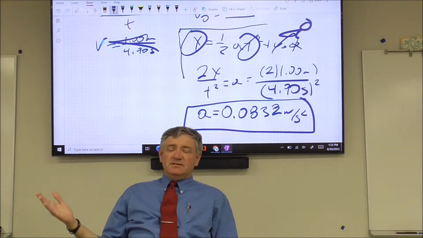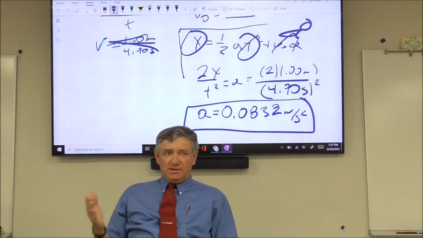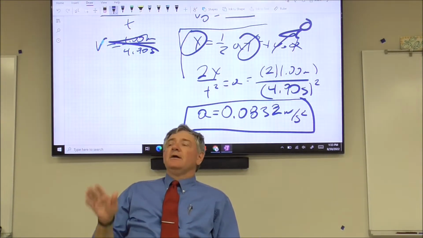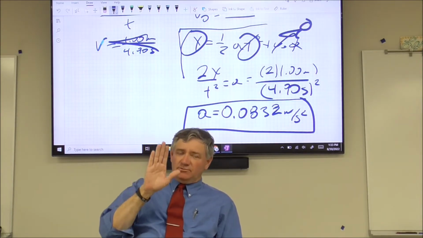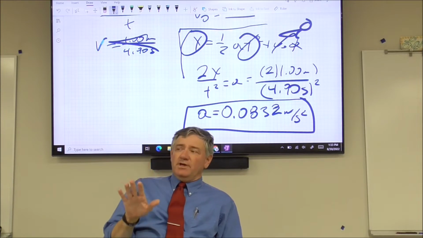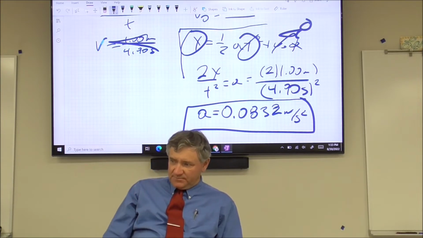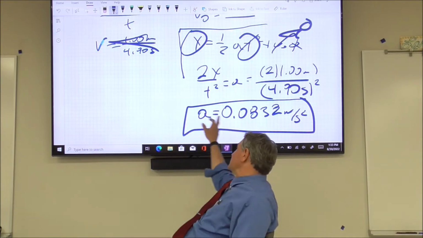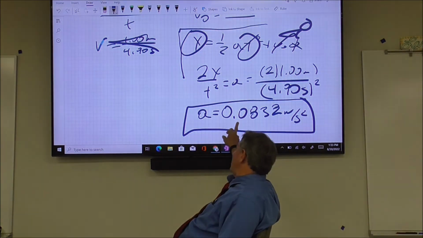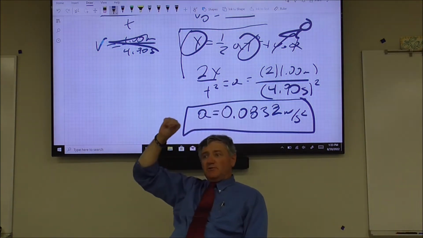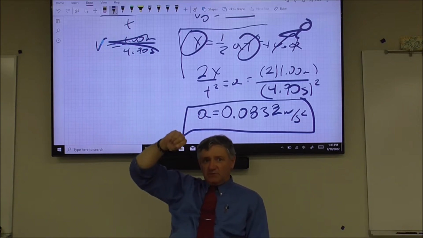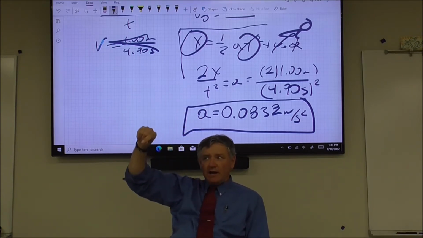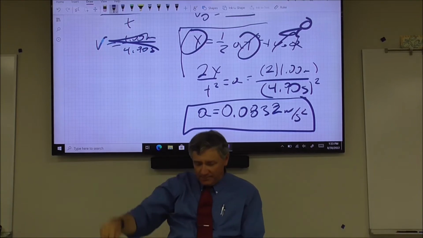So this is not a very big acceleration at all. But remember, acceleration is not how fast you go. It's the rate at which your velocity changes. So all this says is that for every second that goes by, my velocity changes 0.0833. That's what acceleration is. It's not how fast you're going.